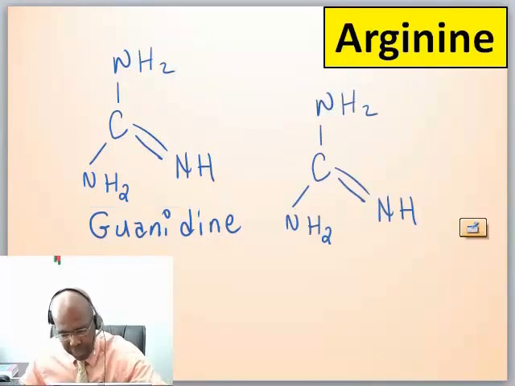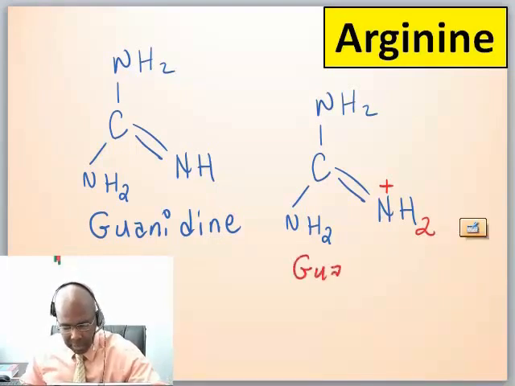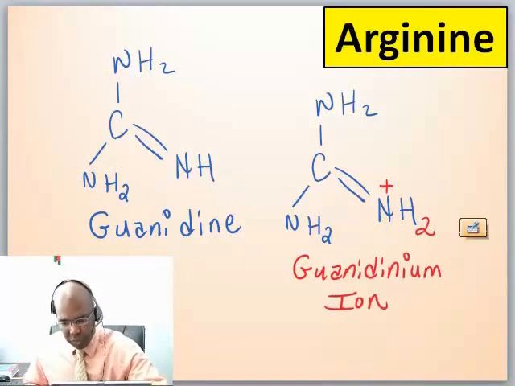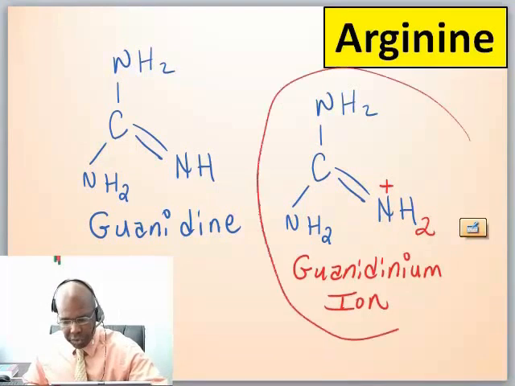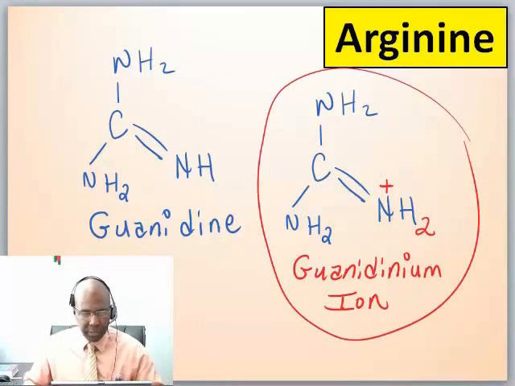What we're going to do is add another hydrogen here, and that's going to give us a positive charge. And so now this is not guanidine, this is the guanidinium ion. The guanidinium ion. And this is what's really found in arginine. So arginine has a guanidinium ion attached to something else. And let's figure out what that something else is.